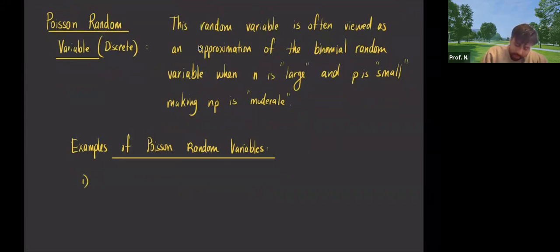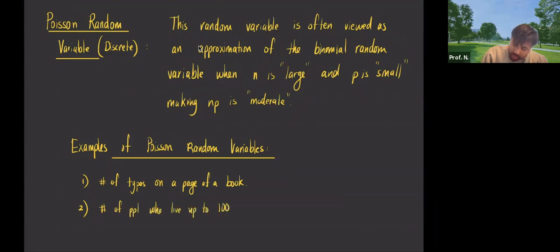You can find, for example, the number of typos on a page. That's a Poisson random variable. The number of people who live up to 100 years in a community, that's a Poisson random variable.